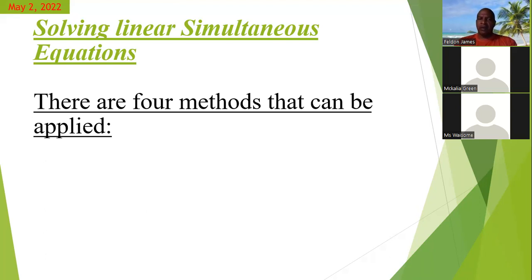Remember, when we say linear, what we mean is an equation that, when plotted on a graph, will give you a straight line. So if we're talking about linear simultaneous equations, it means that the two equations are linear. Each of them, when you plot them on a graph, will give you a straight line.